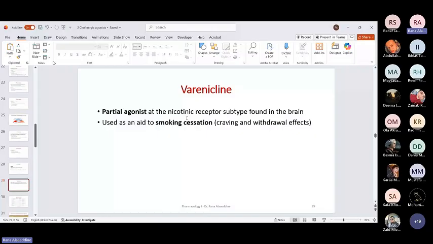No. What happens to the person when I give him an antagonist? Guys, if someone is smoking and I give him an antagonist, they're going to feel the same withdrawal effects. Is this good if I'm trying to help a person stop smoking? Doesn't make sense. Okay, why? Because if I'm helping a person, I don't want them to feel all of those side effects. So this is why I give them a partial agonist.